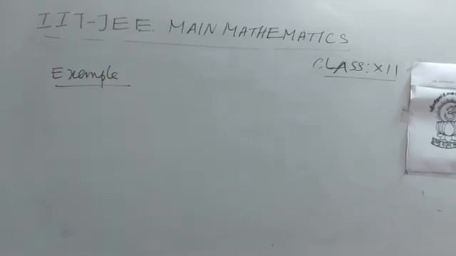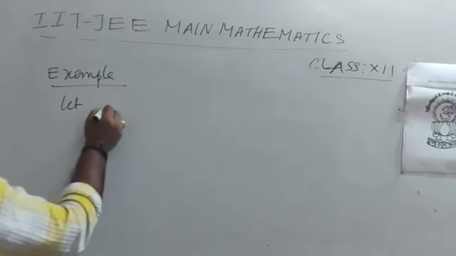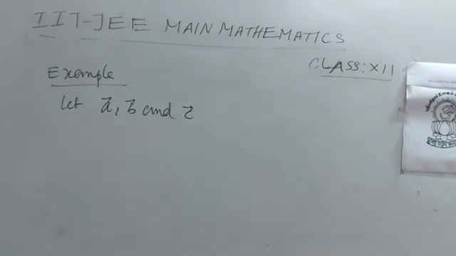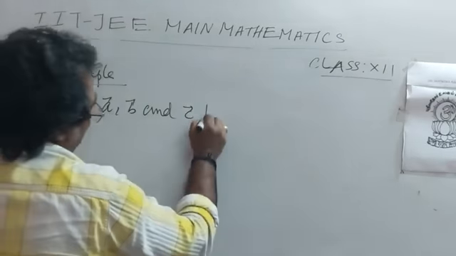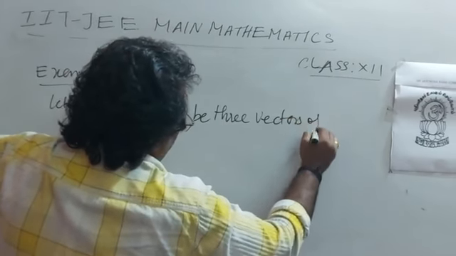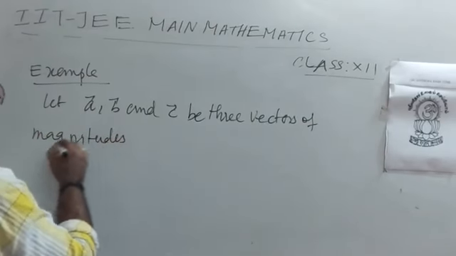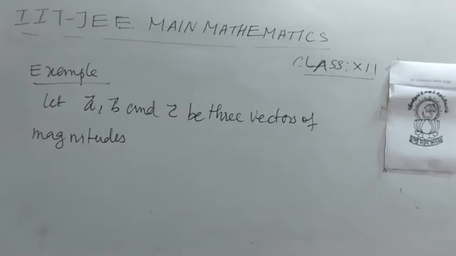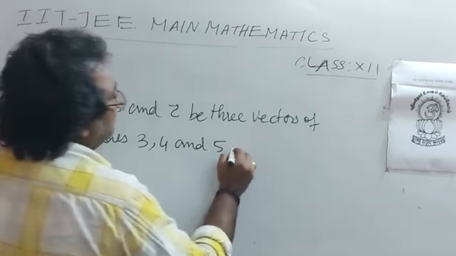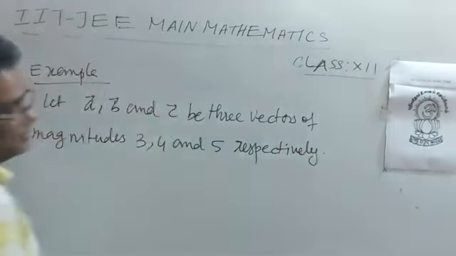Example: let A vector, B vector and C vector be three vectors of magnitudes 3, 4 and 5 respectively.